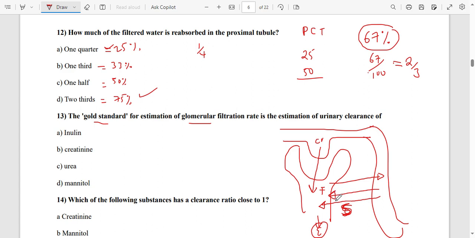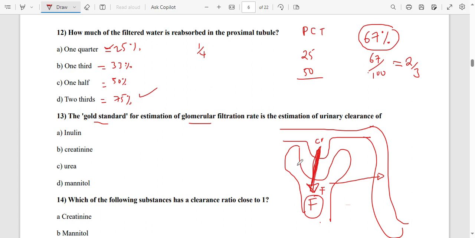So inulin itself is good in that it can only be filtered here. Meaning if you measure the inulin that comes out in urine, it is measuring how much inulin was filtered.